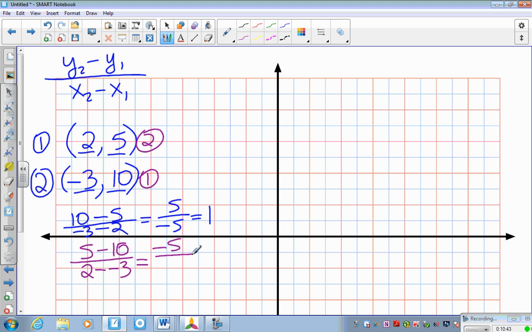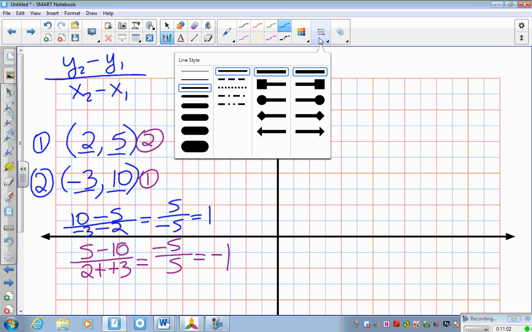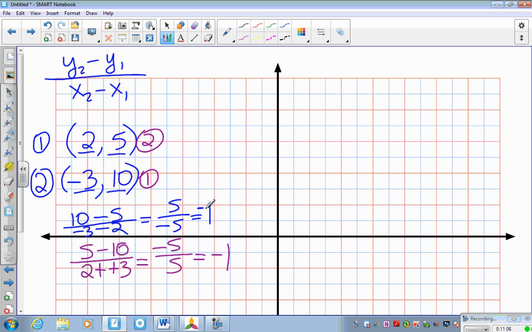Remember, 2 minus a negative 3, minus a negative is plus a positive. 2 plus 3 is 5. I did something crazy. Oh, I see what I did. So 5 over negative 5. Hopefully you guys caught me at home while you're watching this and said, Miss Peters, you forgot a negative. 5 divided by negative 5 is negative 1 for this blue one. So now you can see that they're both negative 1, no matter which way you put the order.